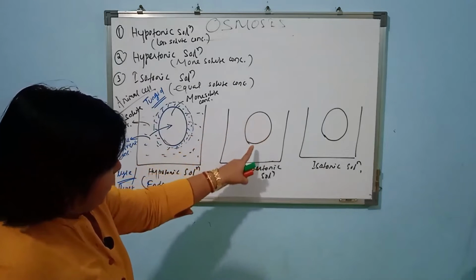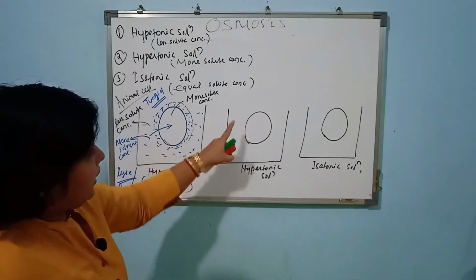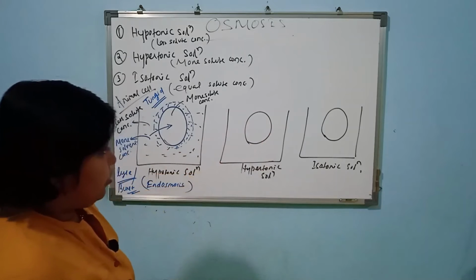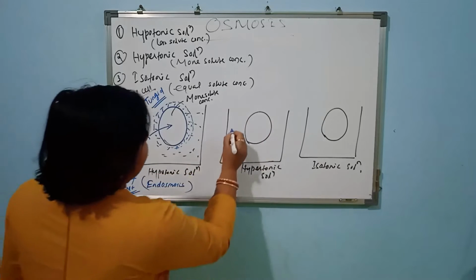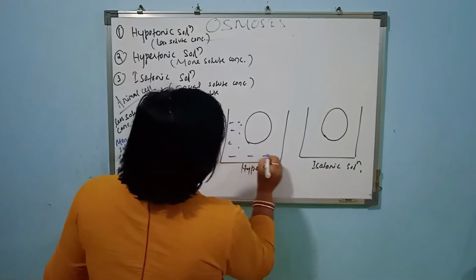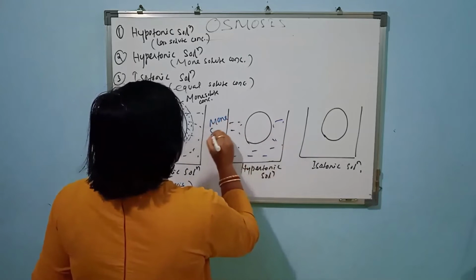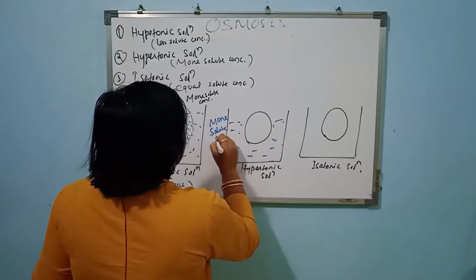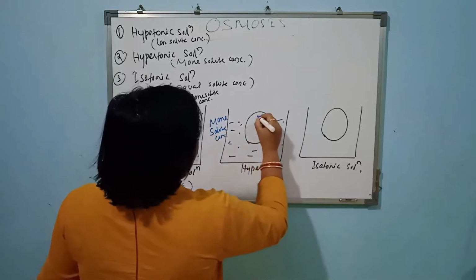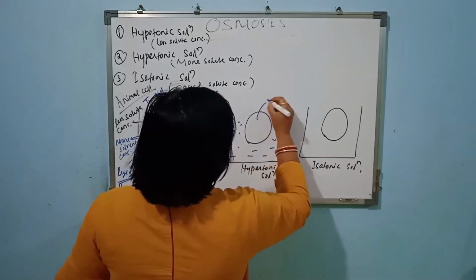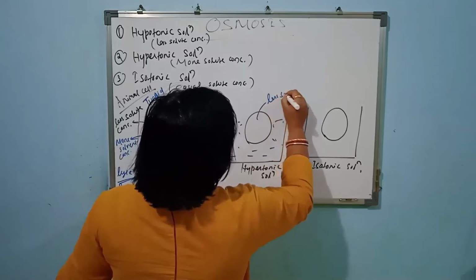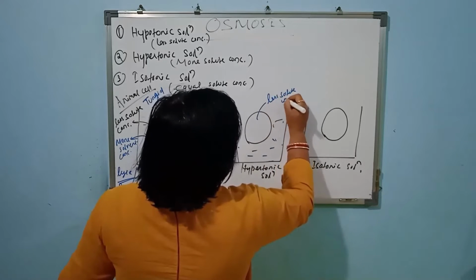But if you keep one animal cell in hypertonic solution, what will happen? Here you will find more solute concentration compared to this cell sap. Inside, less solute concentration.